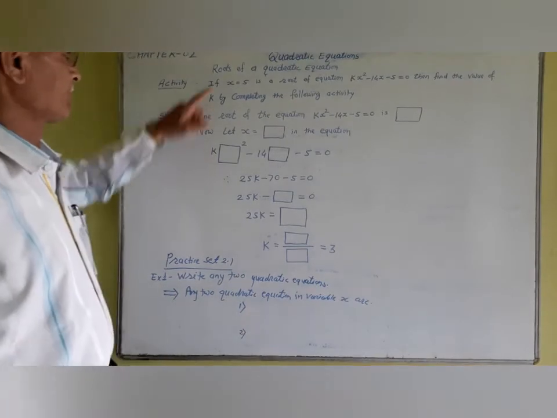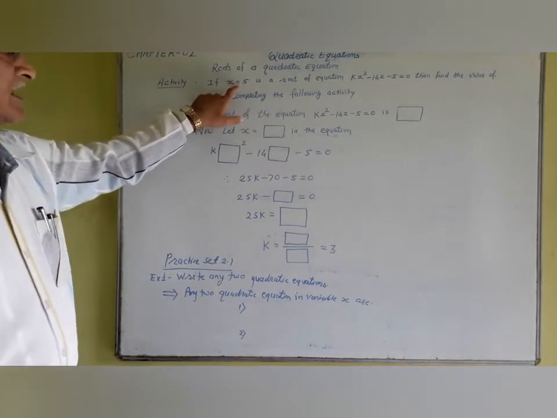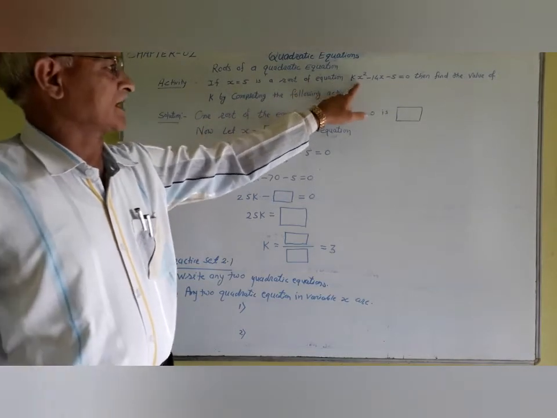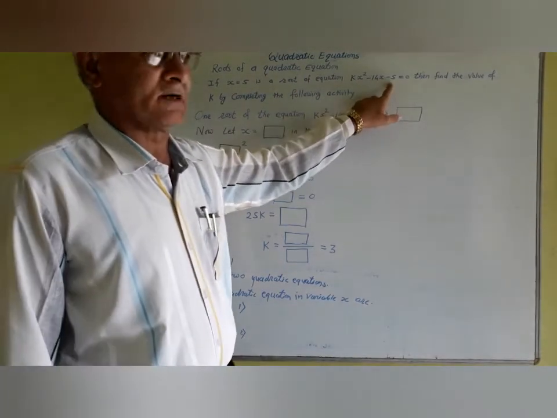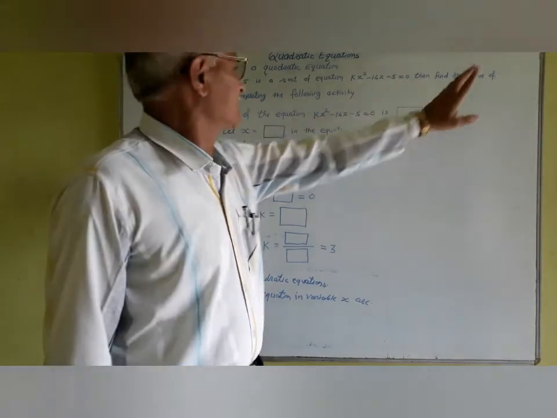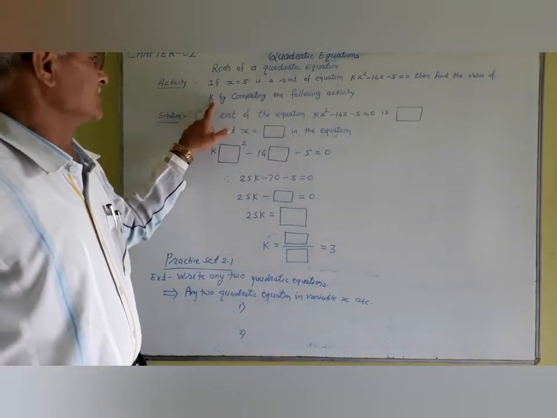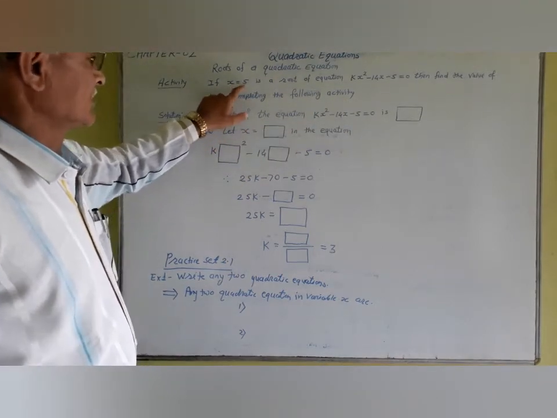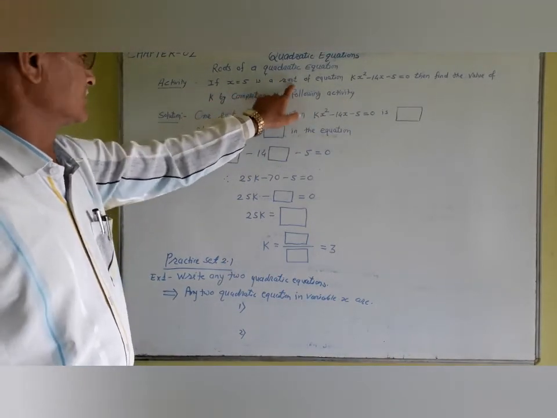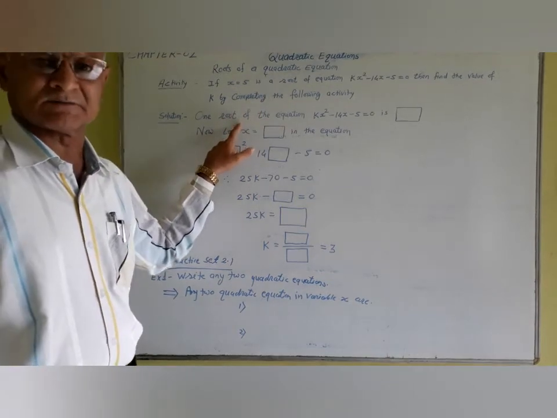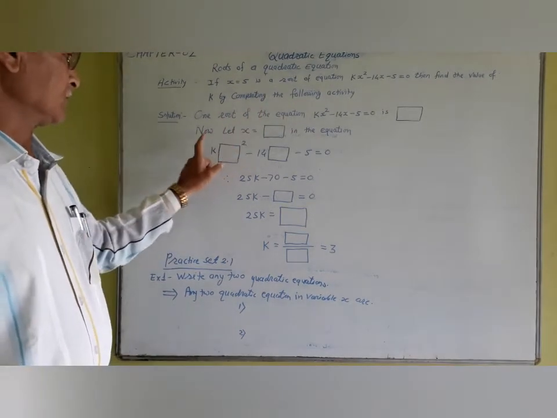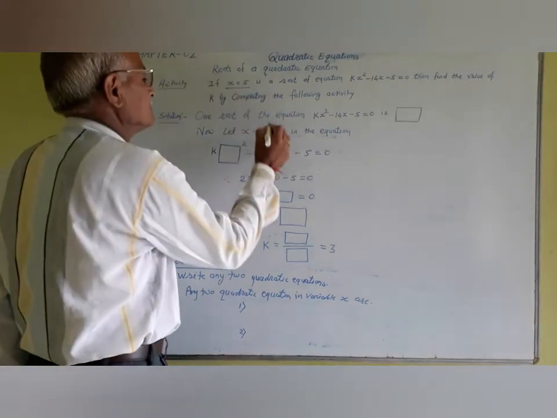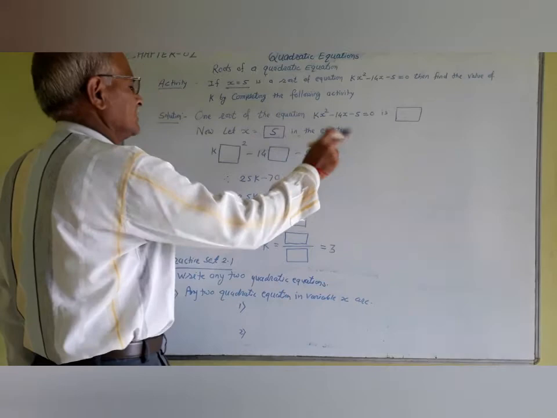Next activity. If x is equal to 5 is a root of the equation kx square minus 14x minus 5 is equal to 0, then find the value of k by completing the following activity. Which is the root? X is equal to 5 is a root. If it is a root, it means that it satisfies the equation, and therefore let x is equal to how much? 5 in the equation.